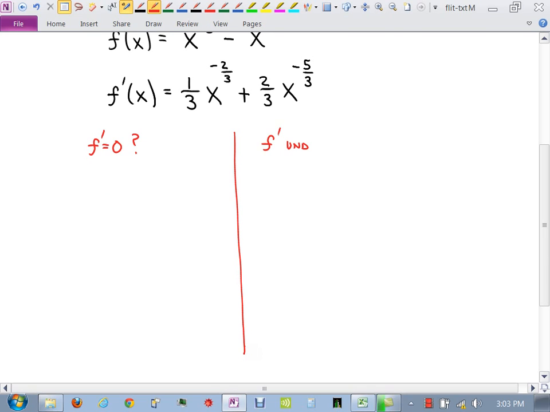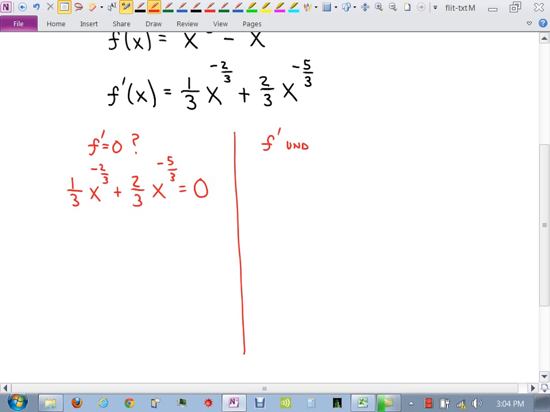First, let me try and set this thing equal to 0. How would you like to go about that?